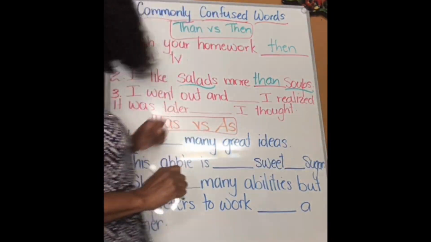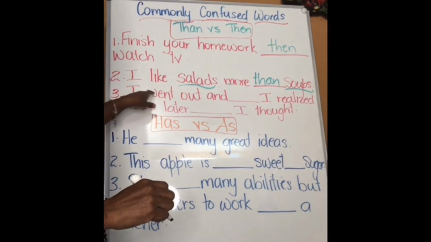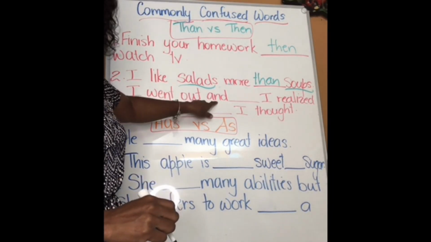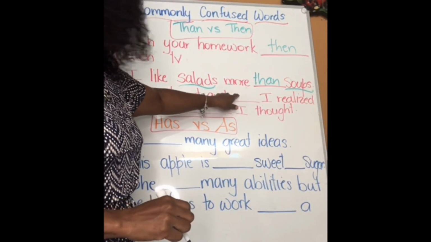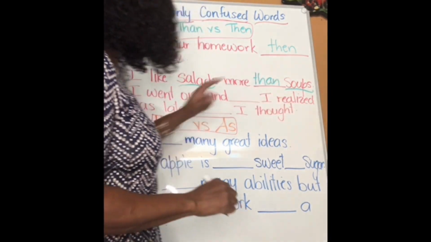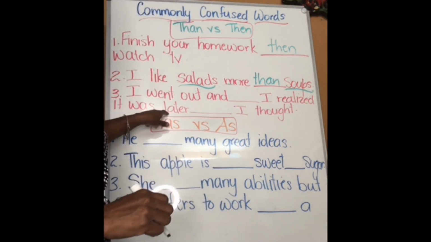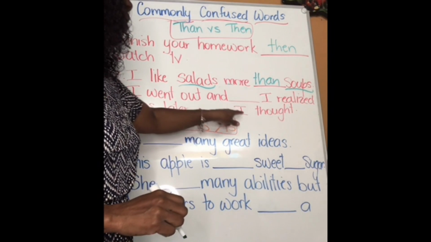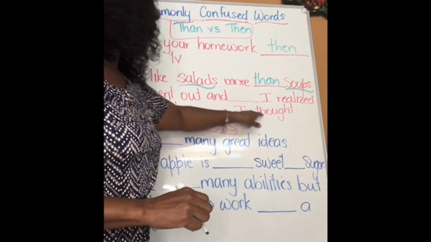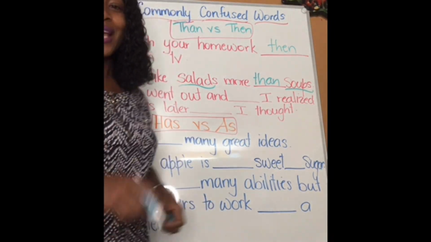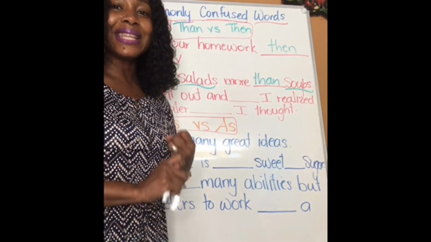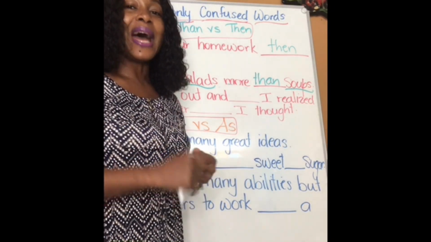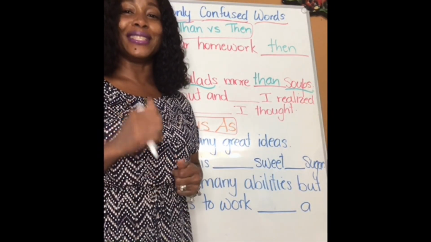So let's go. I went out and than or then I realized it was later than or then I thought. So think about where in the sentence they're comparing and where in the sentence they're referring to time.